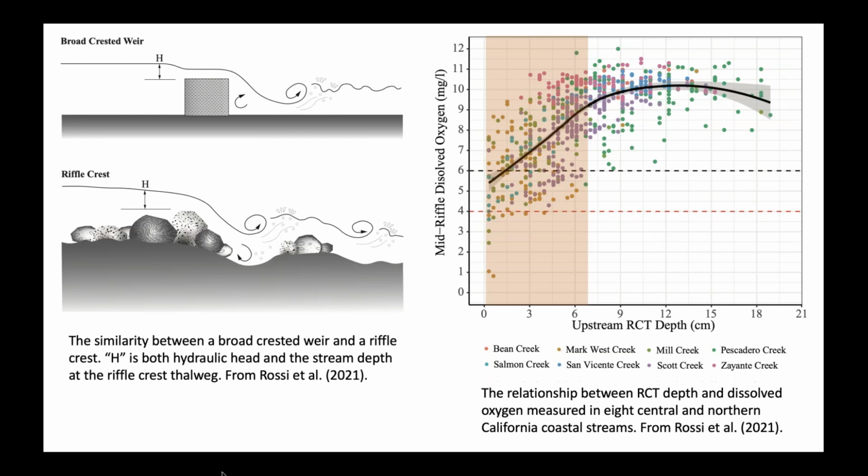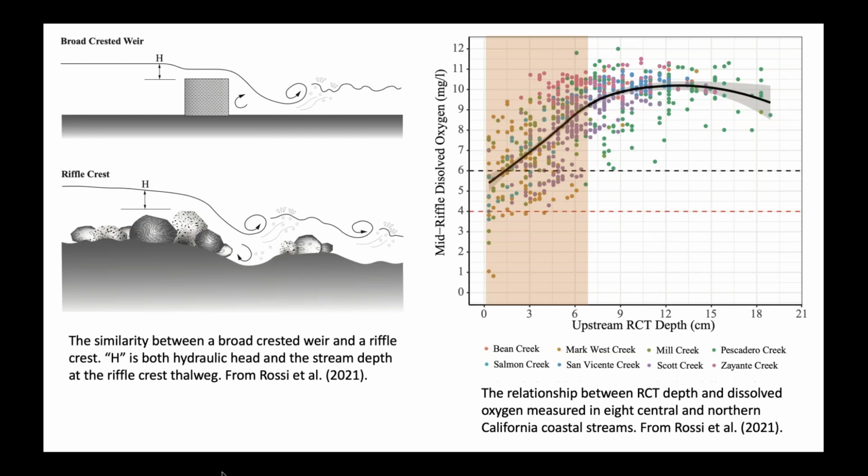There was some really wonderful work by CDFW between 2017 and 2020 looking at the relationship between riffle crest depth and dissolved oxygen in the downstream pool. And they found a strong correlation across 8 different streams in the San Francisco Bay Area, where as you start to drop below 6 or 7 centimeters, you see a strong decrease in dissolved oxygen.